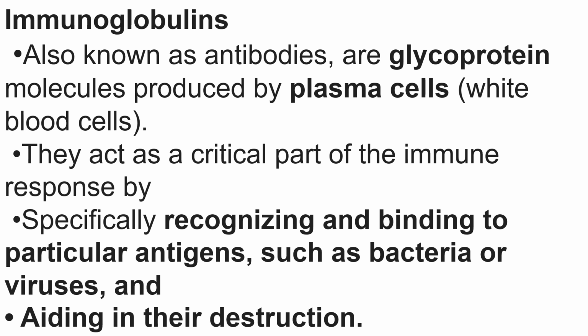And remember, these immunoglobulins are glycoprotein in nature, and they have a very critical role in the immune response because of their specificity. Antibodies can recognize and bind particular antigens such as bacteria and viruses, and then they facilitate their destruction.